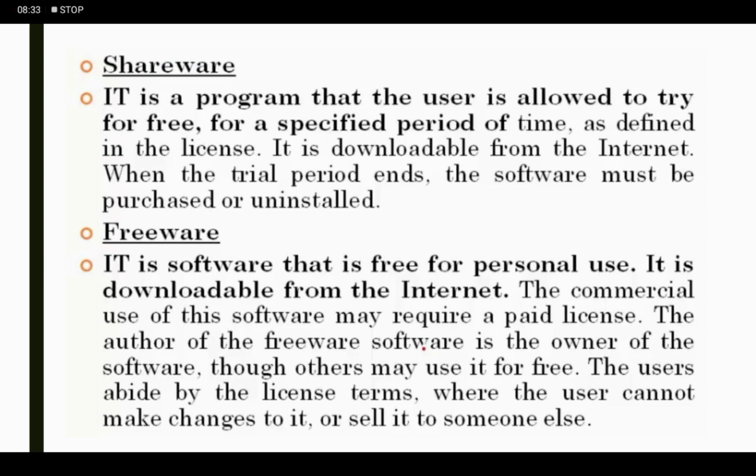Shareware and freeware are very similar, but there are some differences between them. First one is shareware. It is a program that the user is allowed to try for free for a specified period of time as defined in the license. It is downloadable from the internet. When the trial period ends, the software must be purchased or uninstalled.